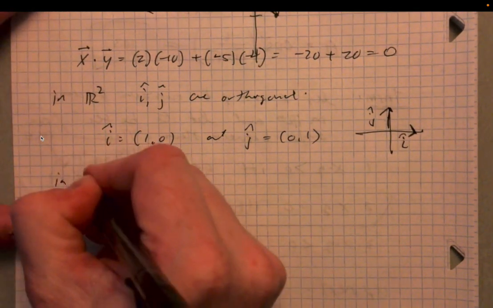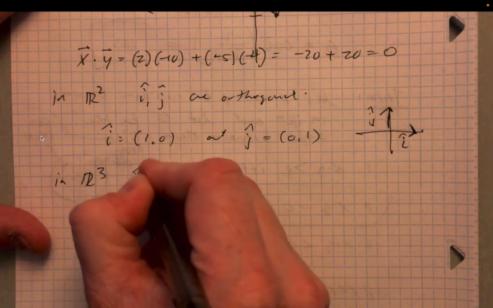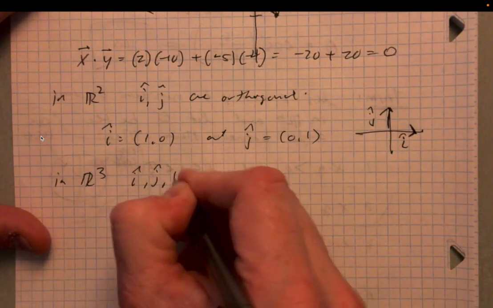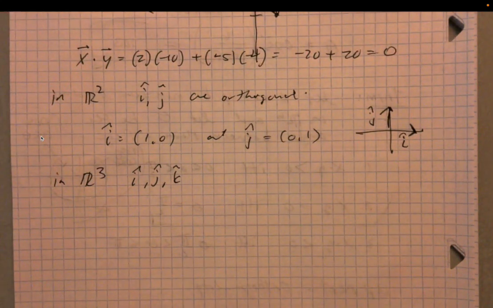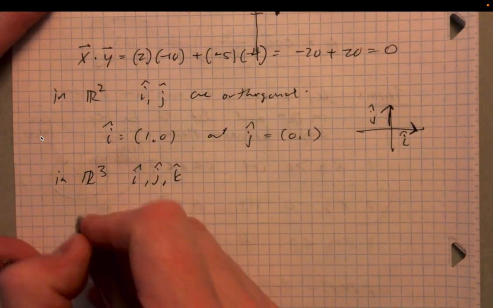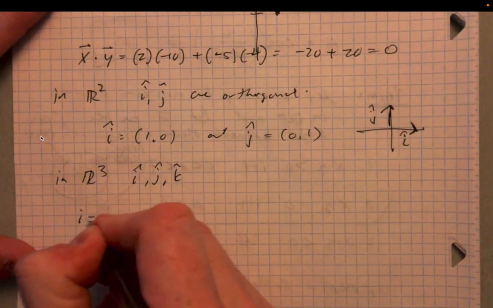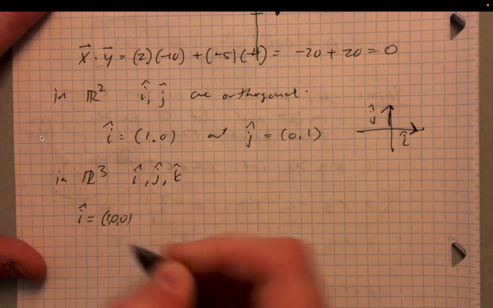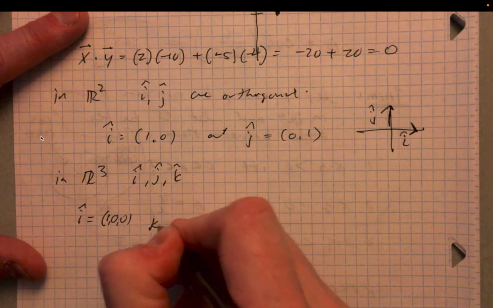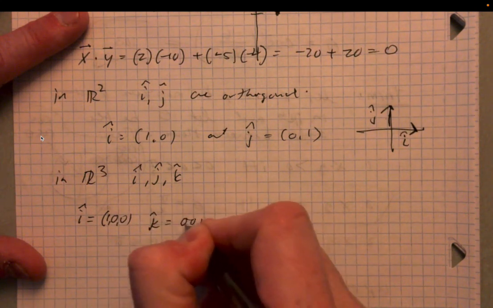In R3, we can extend this to i, j, and k. I, j, and k are all mutually orthogonal, which means that any two of them are orthogonal to one another. So for example, i and k are orthogonal. I is (1, 0, 0). K is (0, 0, 1).